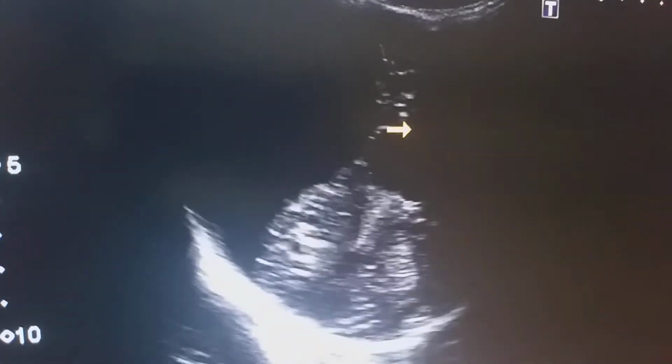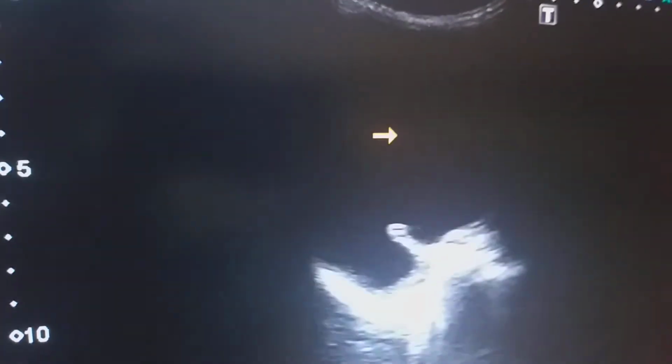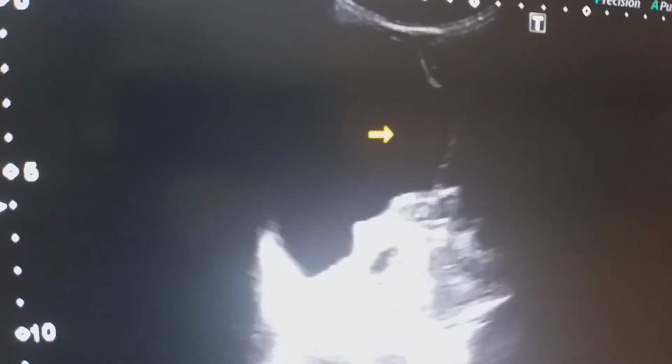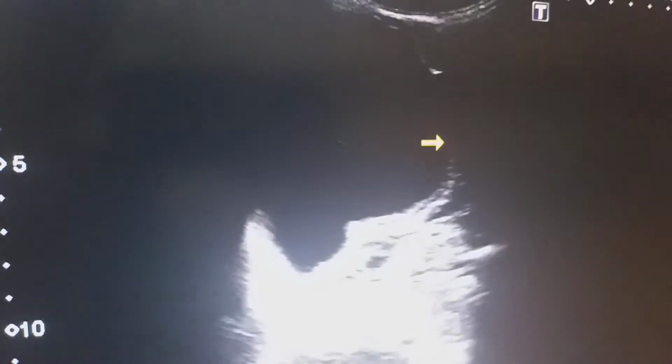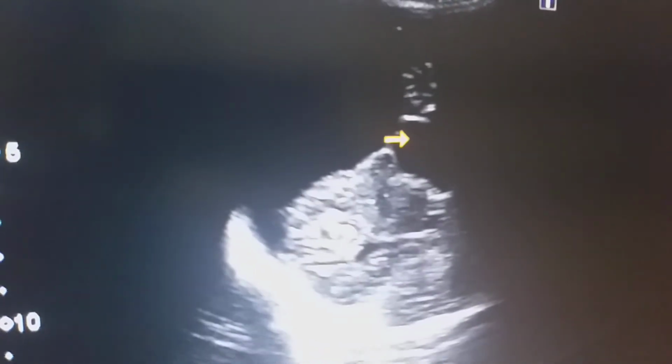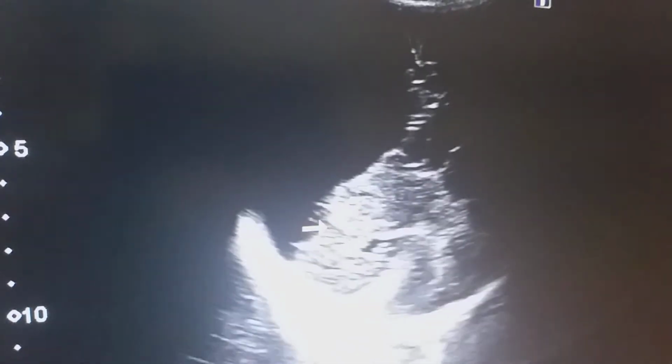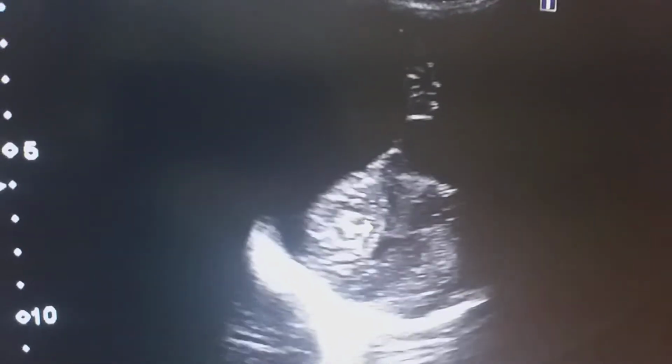This is the frontal horn. So this means that the frontal horns are not so much dilated, and temporal horn are also showing the mild dilatation.